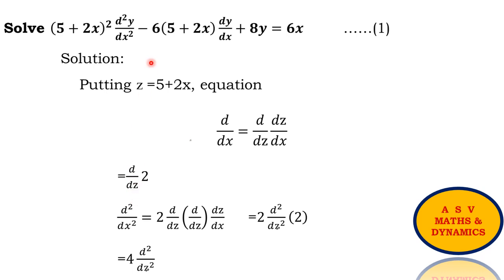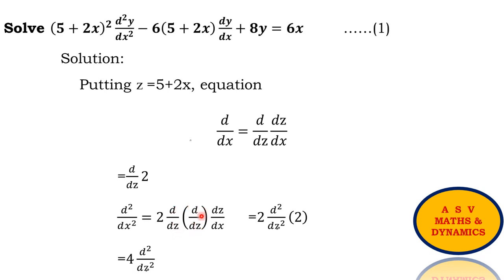The same thing I want to do for d squared by dx squared. In this case, one more time we do the differentiation of the same function: d over dz, then dz by dx. If you cancel, we get the same term.